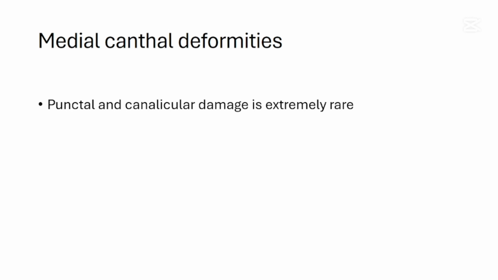Luckily, punctal and canalicular damage is very rare. So you might need some medial canthoplasties, not one, sometimes a few, to correct this. And sometimes you can do a scar excision and put a graft. And this we might have to do several times to have a reasonable outcome.